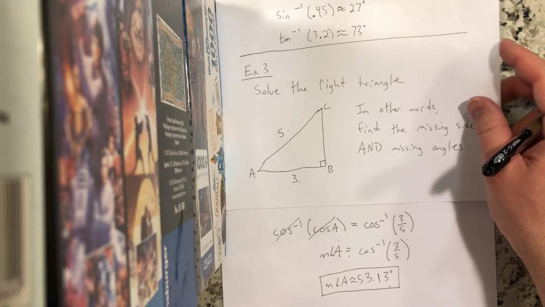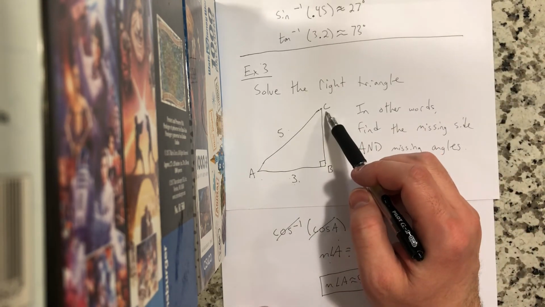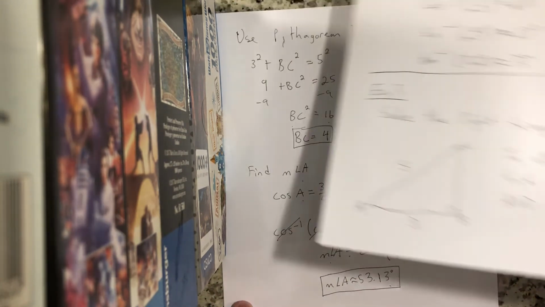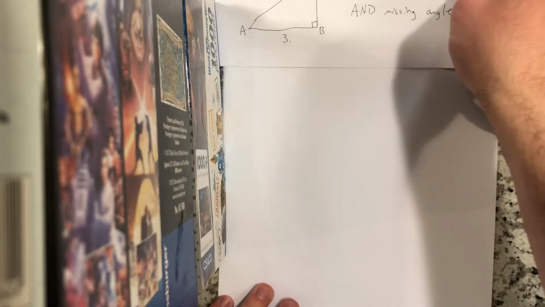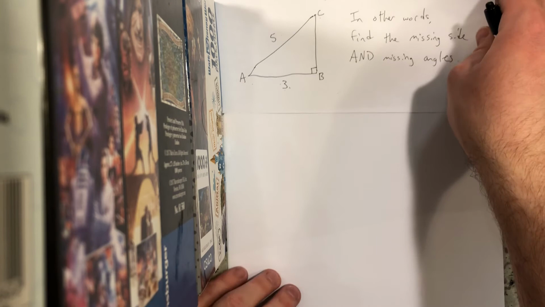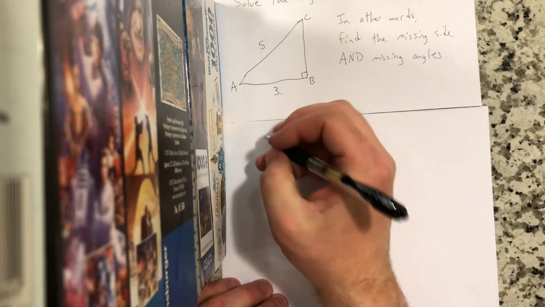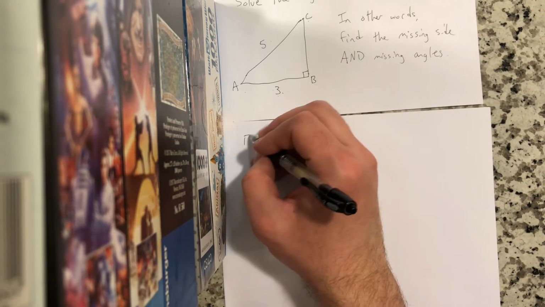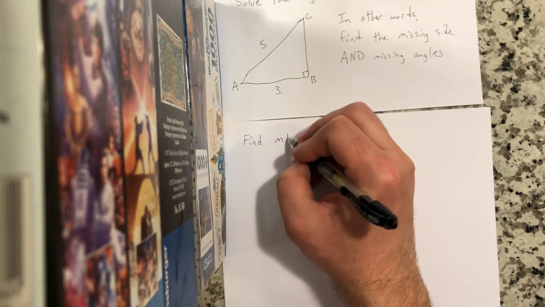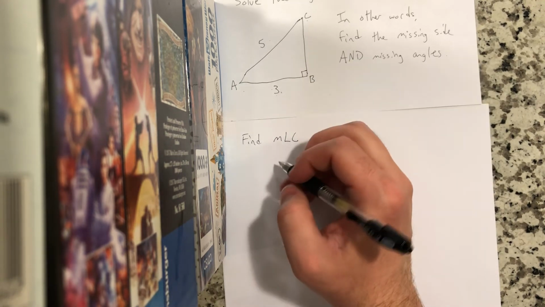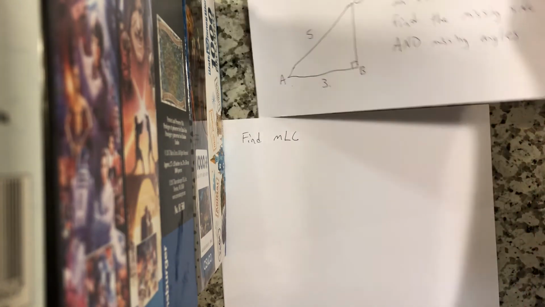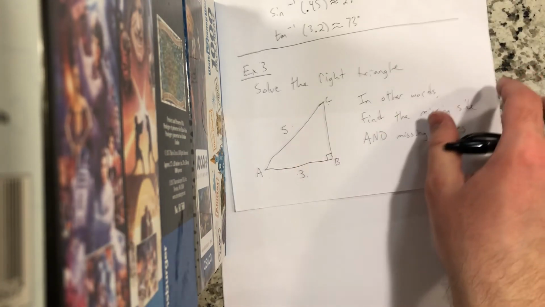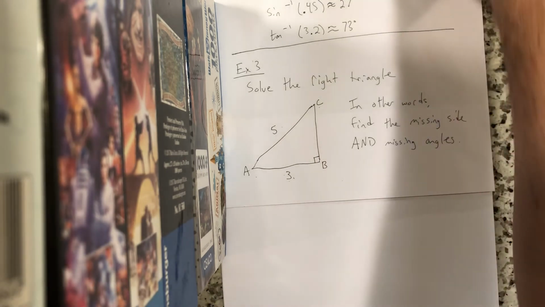The last part we have to find is the measure of angle C. So what I'll do now is I'll put this to the side, and I'll try to leave this up here as much as I can for you guys as I'm solving this. So the last part we're gonna have is find the measure of angle C. Now angle C here, again, we're typically not going to use this.